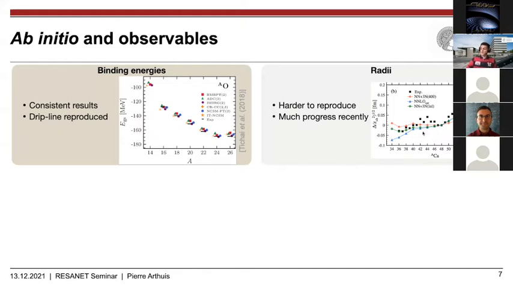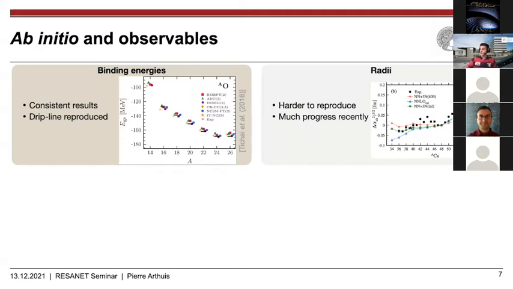So more recently, new Hamiltonians were introduced, N2 LSAT and the NN plus 3 and local. We'll come back to the two of them. And without going too much into the details, you can see already that they're doing a much better job at reproducing this kink. We're not quite there yet, but it's already much better.